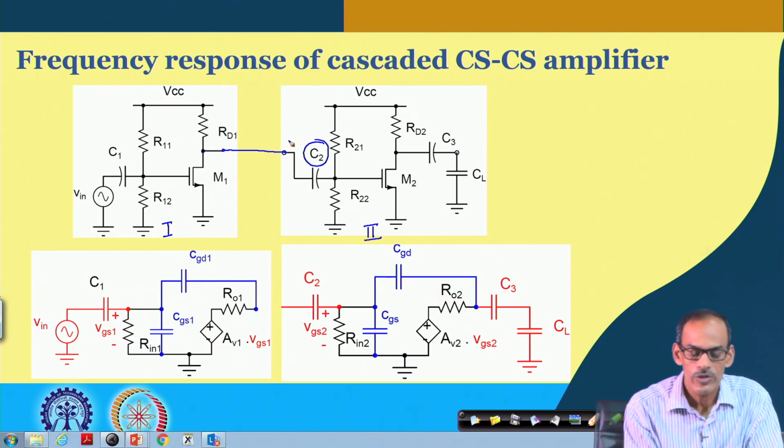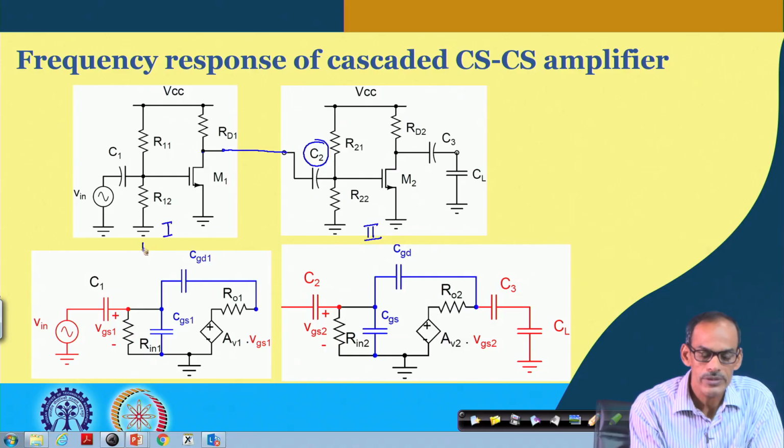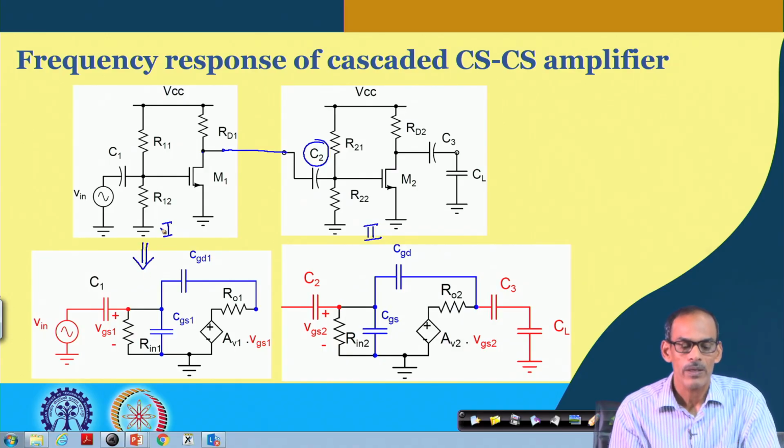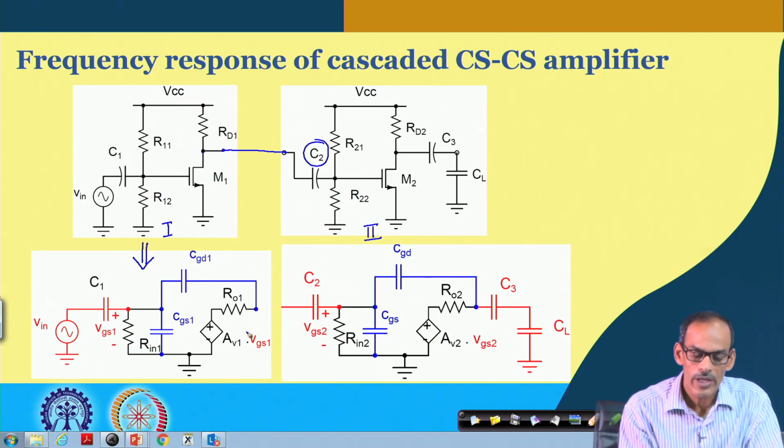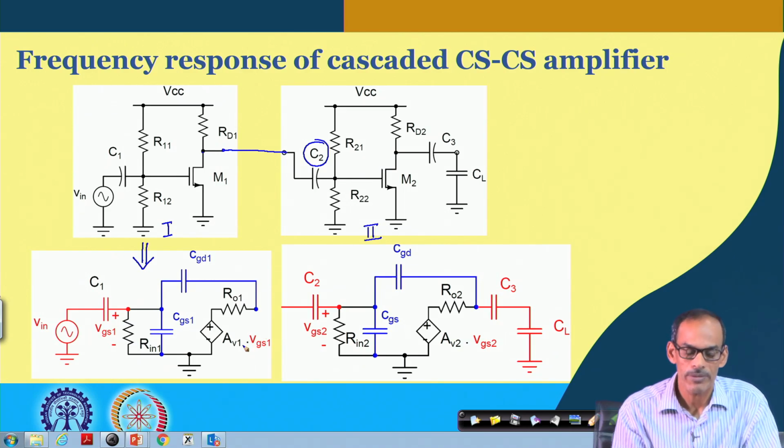Here, what you have drawn is the small signal equivalent circuit of the first common source amplifier. Note that we have done a similar exercise, namely converting the transconductance amplifier into the form of a voltage amplifier.